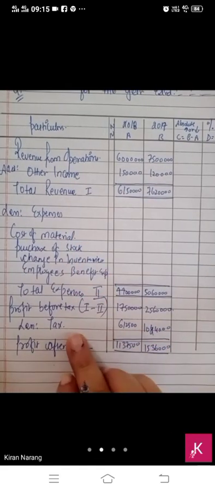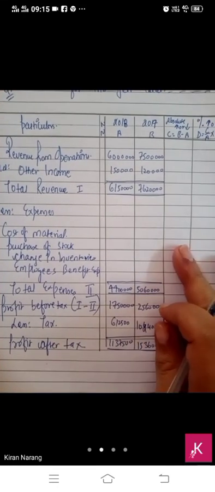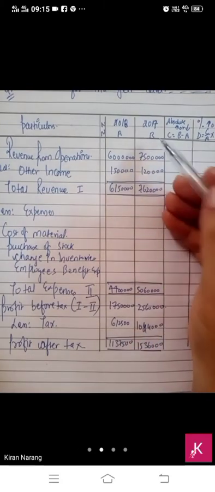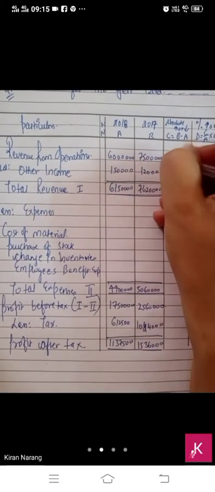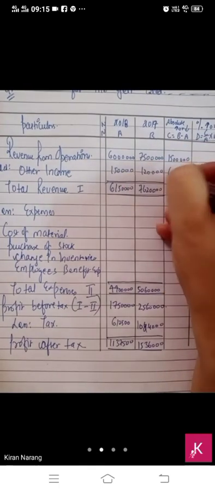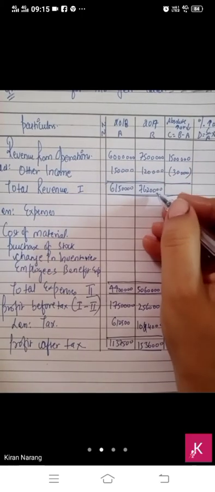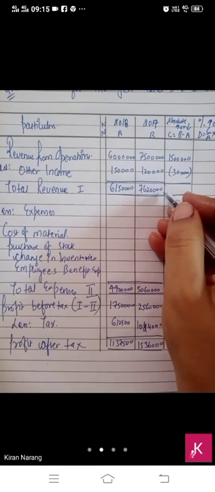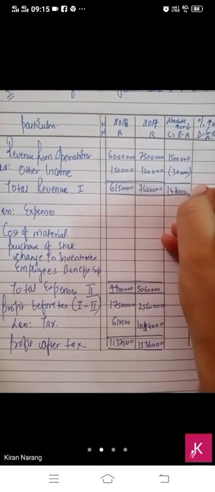For this, you should know what the particulars will be. So how to calculate the C part of this question? Similarly, B minus A, this is the formula. 75 minus 60, it will be 15 lakhs. 120 minus 150, it will be minus 30,000. Then 76 lakh 20,000 minus 61 lakh 50,000, it will be 14 lakh 70,000.